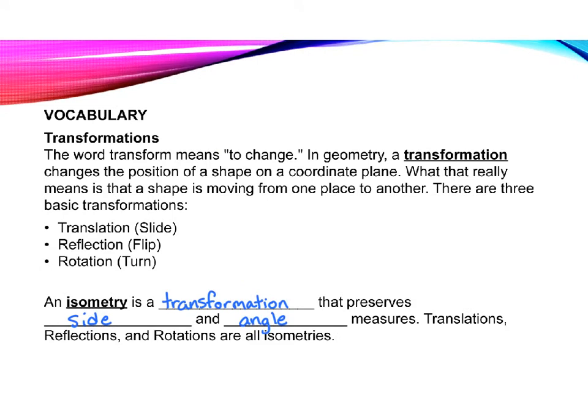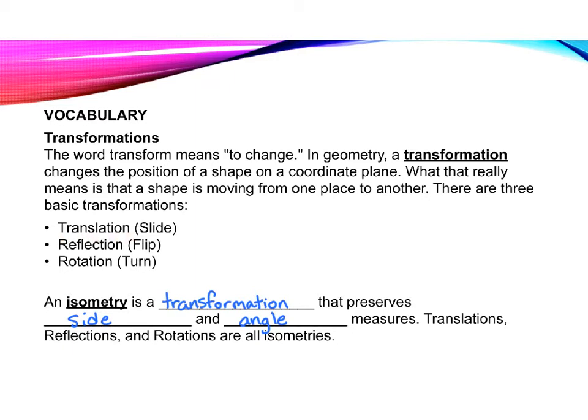Okay, so here's just a rundown of the things that we have looked at. To remind you, transformation. The word transform means to change. So we are changing our figures in the way of these three types of transformations right here.